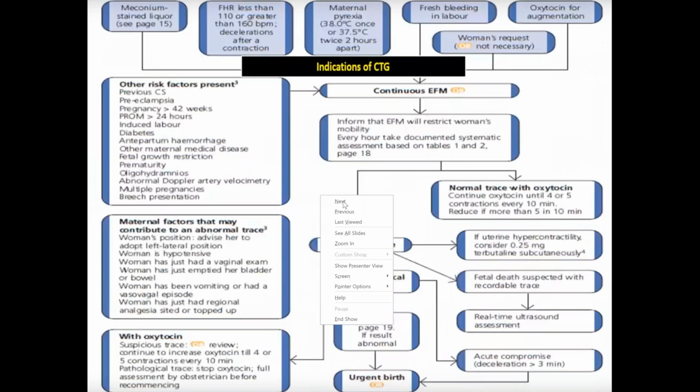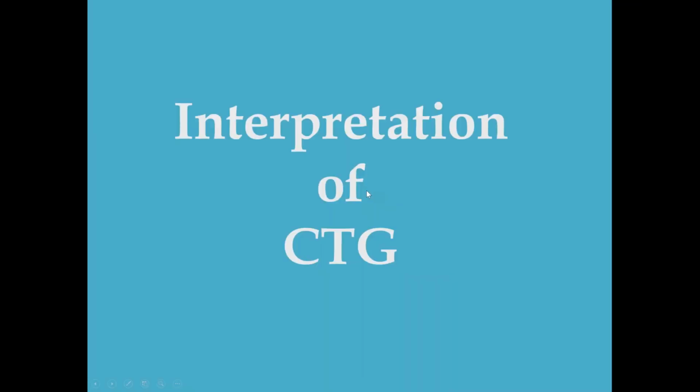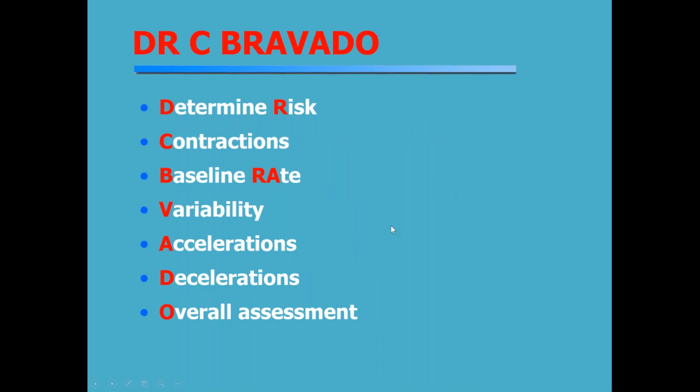This is about the indications of CTG. Now we'll discuss the interpretation of CTG, which is the most important part of the intrapartum care guideline. This is about DR C BRAVADO, how to interpret CTG.